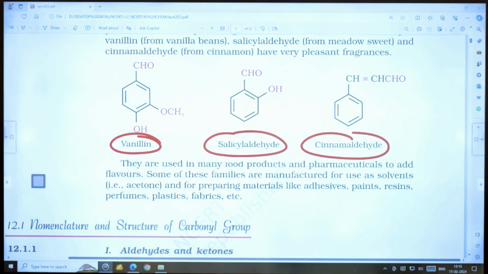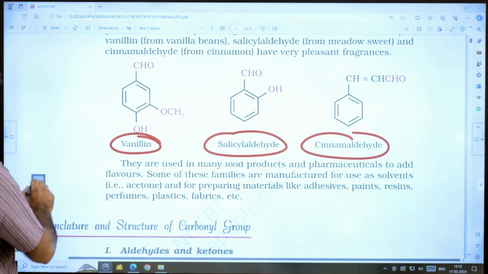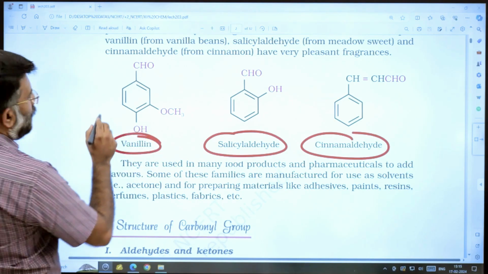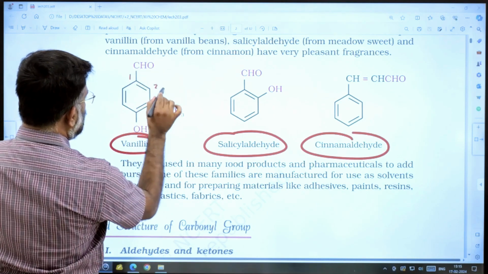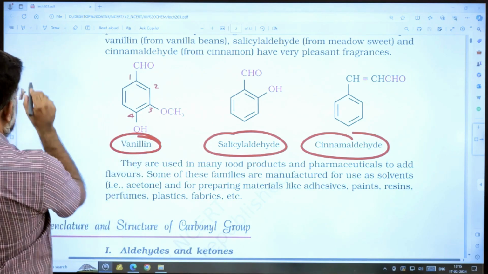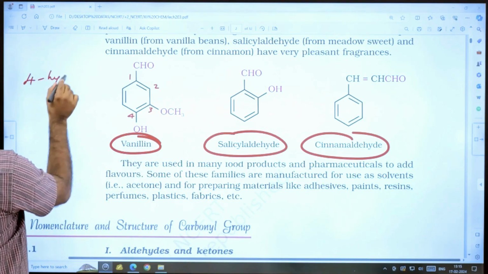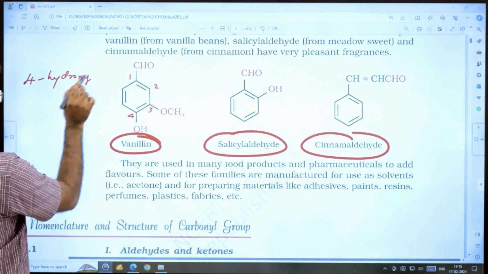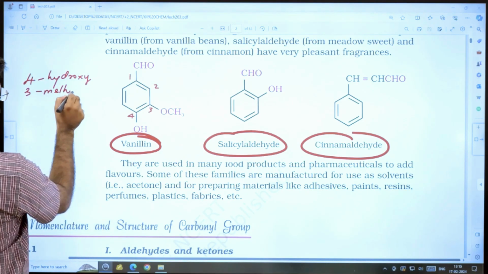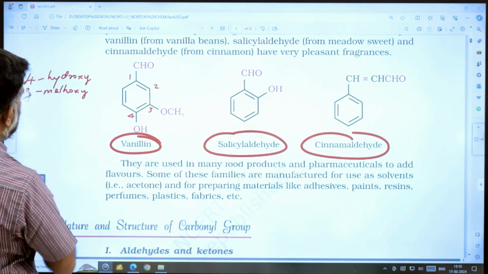What is the IUPAC name of vanillin? Simple, no? It is 1, 2, 3, 4. It is 4-hydroxy-3-methoxybenzaldehyde.